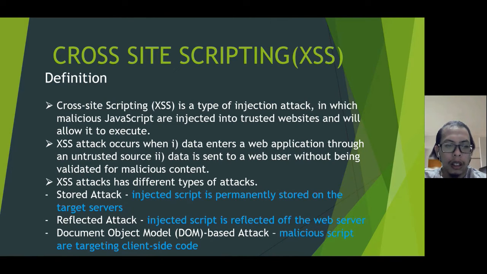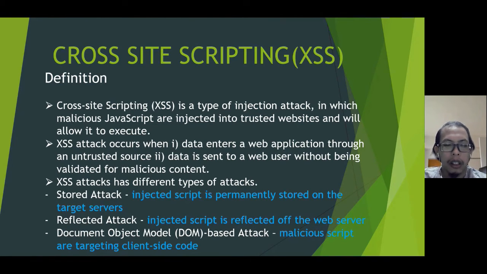For cross-site scripting attacks, there are different types of attacks. One is stored attack, second, reflected attack, and DOM-based attack. For a stored attack, the injected script is permanently stored on the target servers, for example, a forum database.